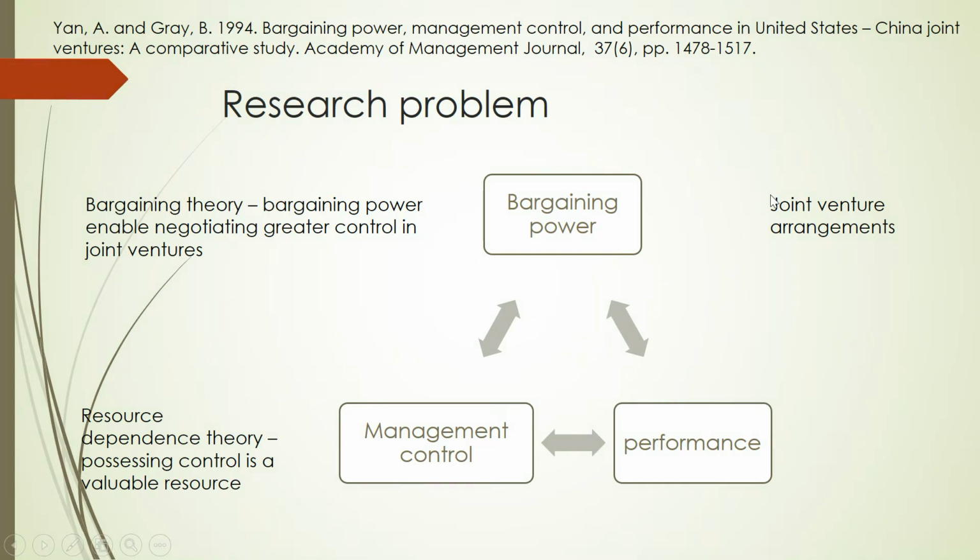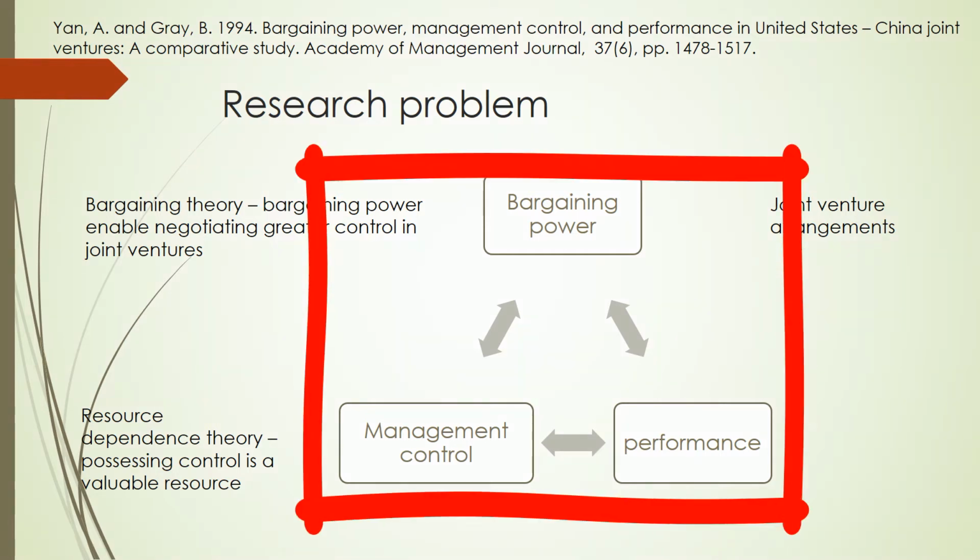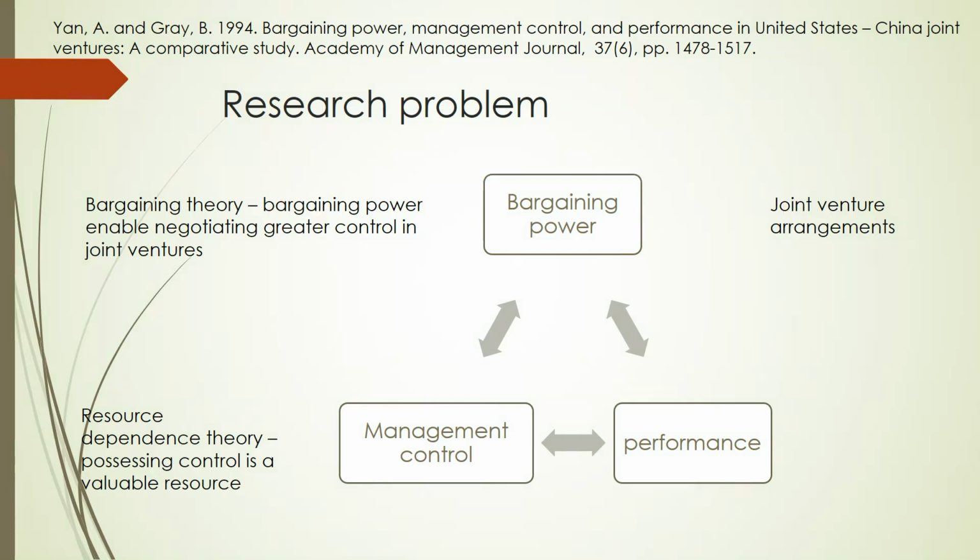In that study, they hypothesized that bargaining power, performance, and management control have a relationship in relation to international joint venture arrangements.